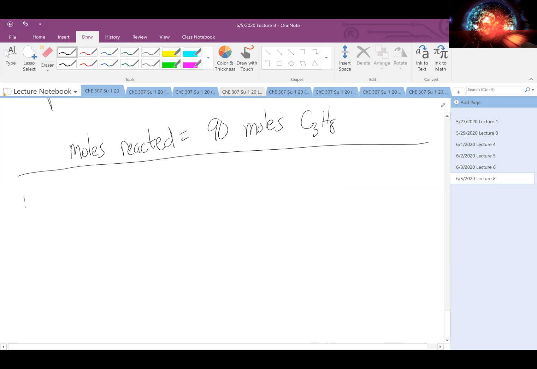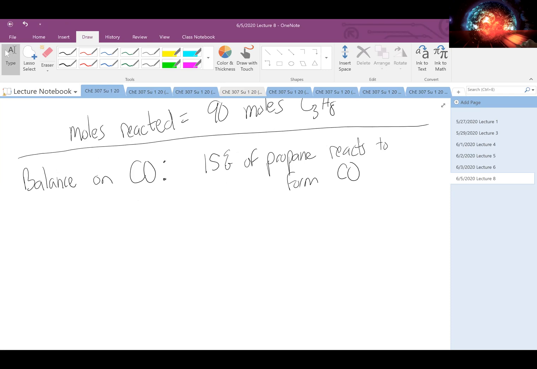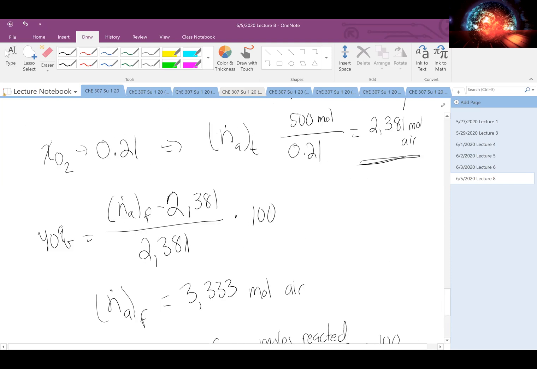Let's look at a balance on CO. I know in the problem statement, 15% of the propane reacts to form CO. Meaning my output should equal the generation, which based on that information is 15% or 0.15 of the propane fed based on the stoichiometry, or 100, meaning I produce 15 moles of CO. So I can put that in my process.